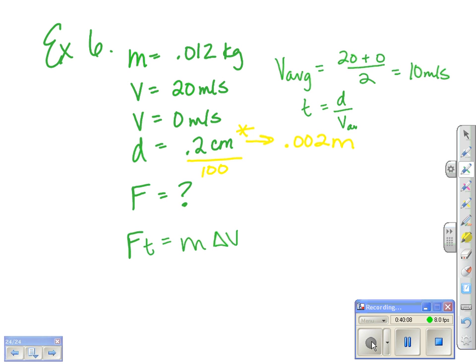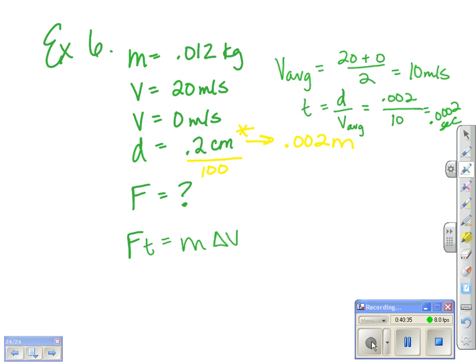So I'm going to say that I went a distance of 0.002 and had a speed generally of 10 meters per second. So you should find that this all took place in 0.0002 seconds.